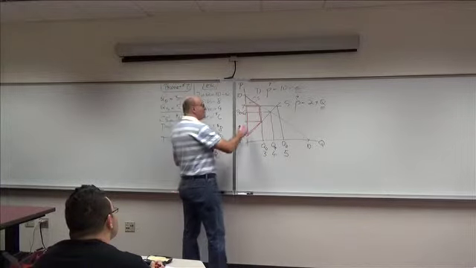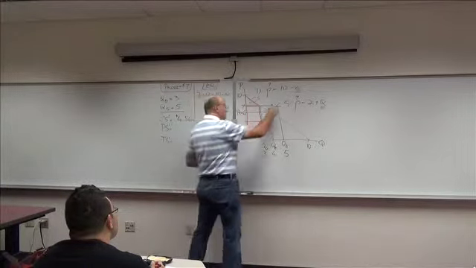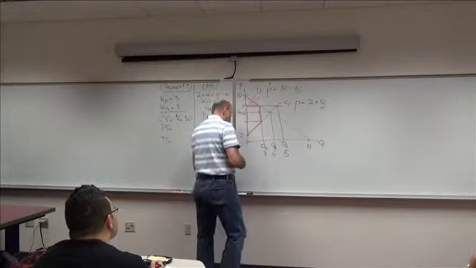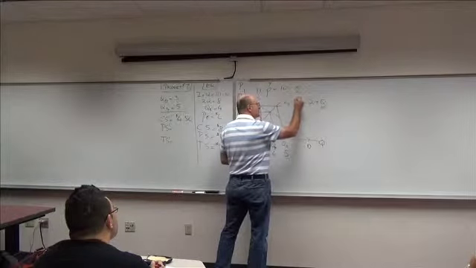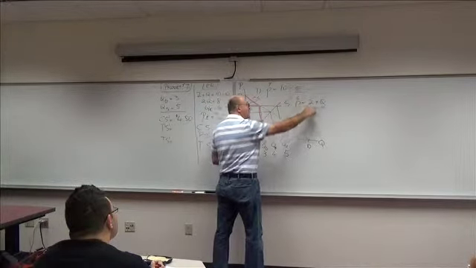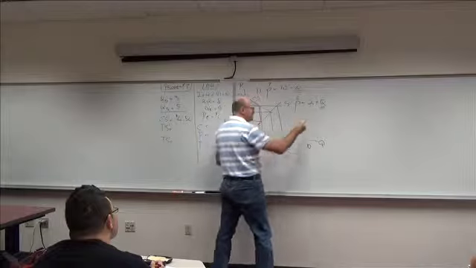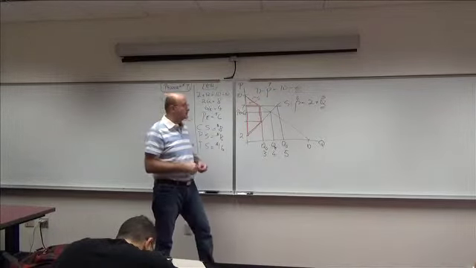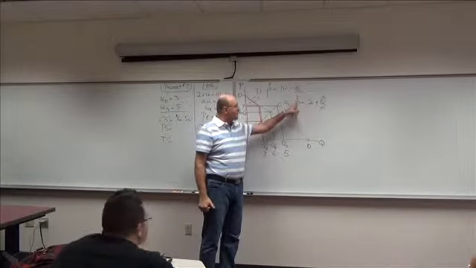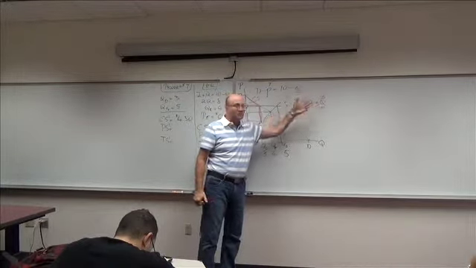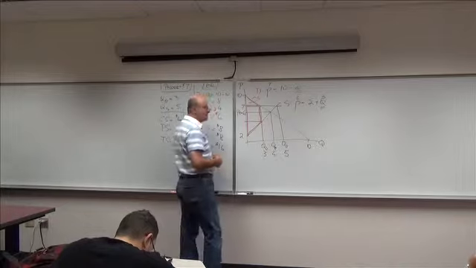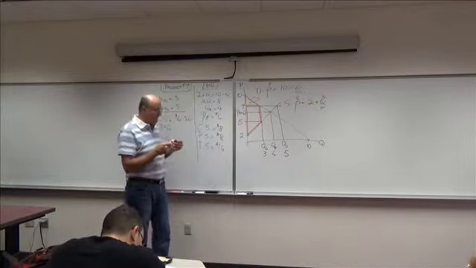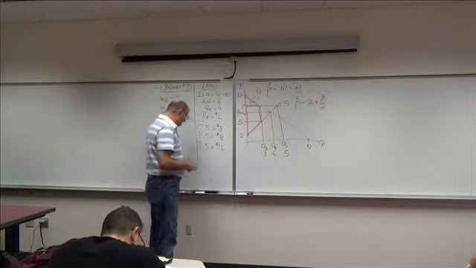So we're looking for the price on the supply curve at quantity 3. So what is the price on the supply curve corresponding to quantity 3? 2 plus 3 is 5. Very good.